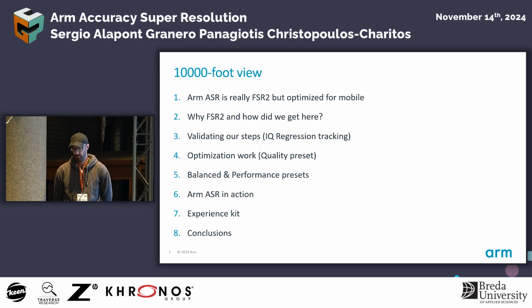We'll give a high-level overview of the reasons that motivated us to do this work and why eventually we went down this path. We will also cover how we were validating our steps during this optimization phase, because quality was something really important for us from the start. Then we'll discuss our optimization journey, and finally we'll go through quality presets, deployment, and some conclusions.